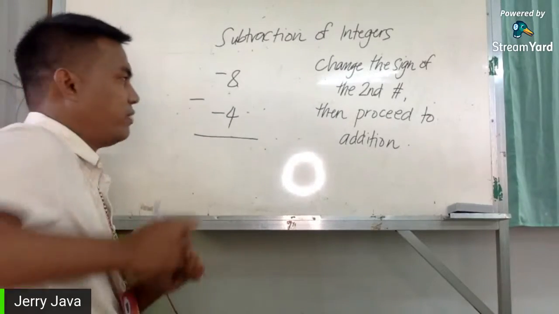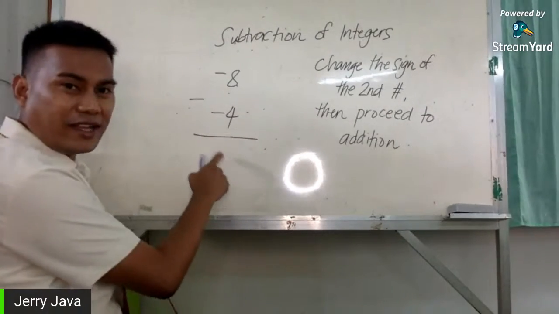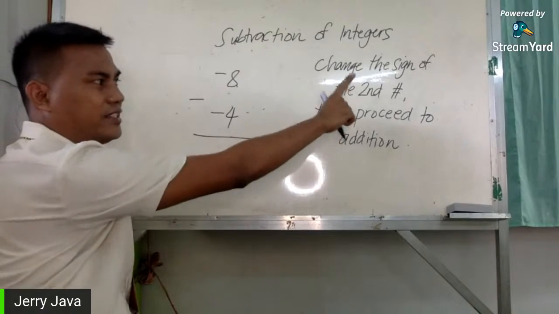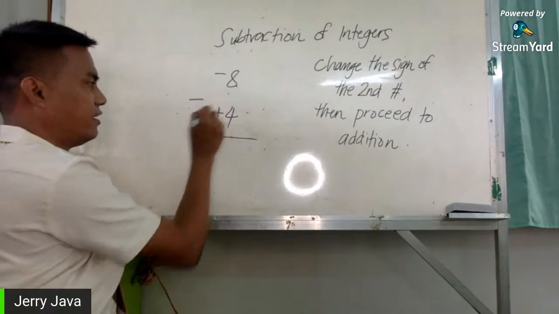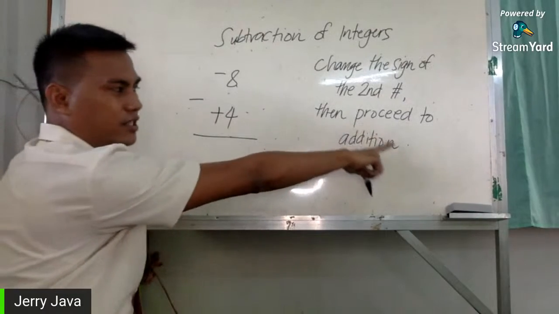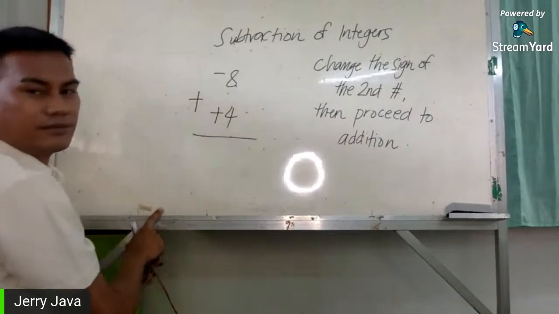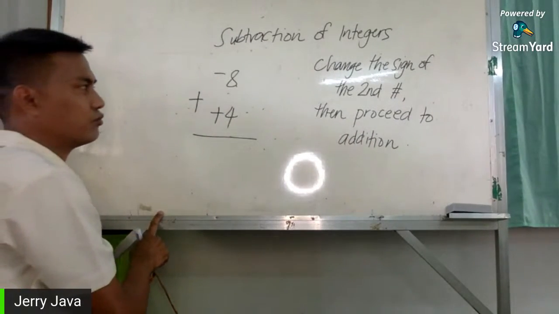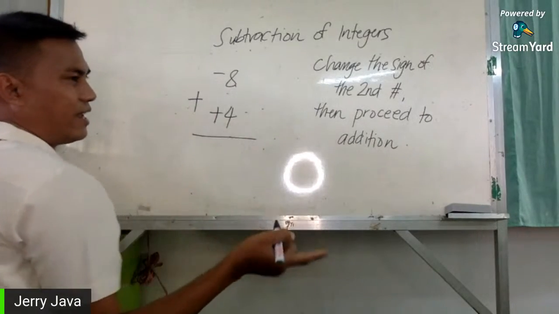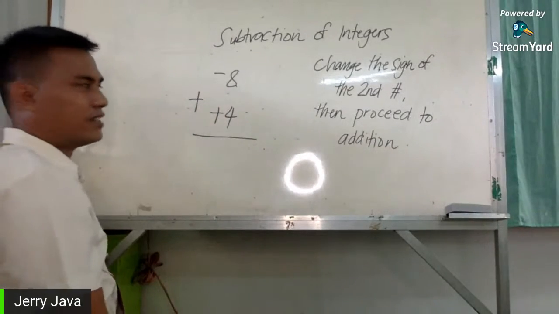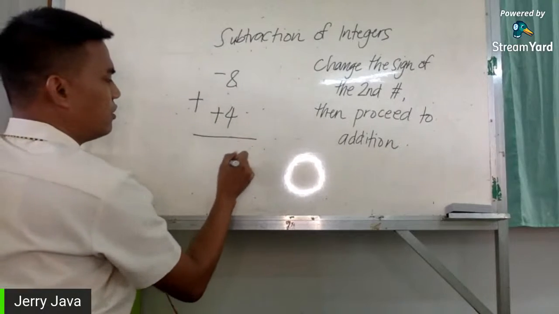Okay, let's try. All eyes here. Change the sign of the second number. What's the second number? It's negative 4. Change the sign, then proceed to addition. So unlike signs, when you add unlike signs, you just subtract. So 8 minus 4 gives you 4.